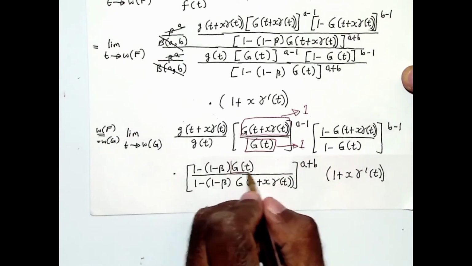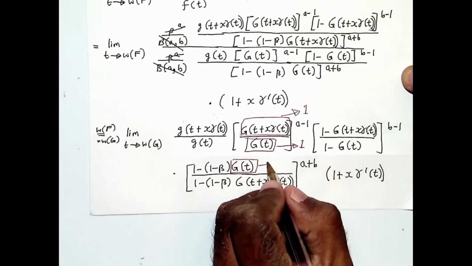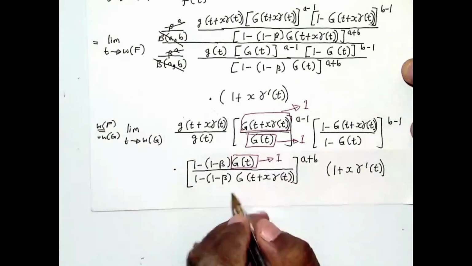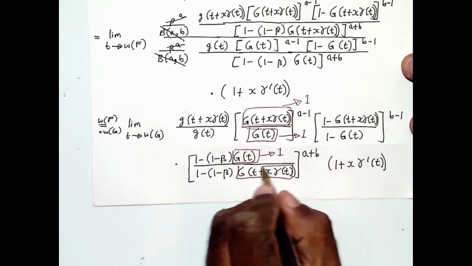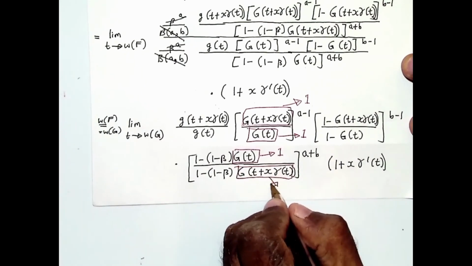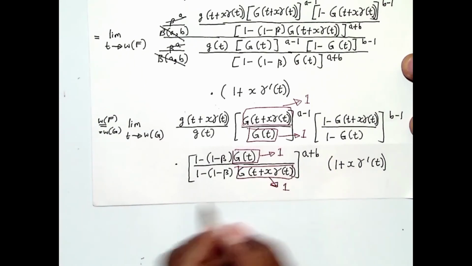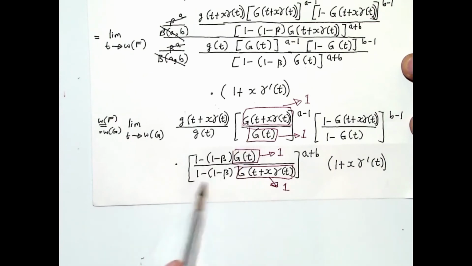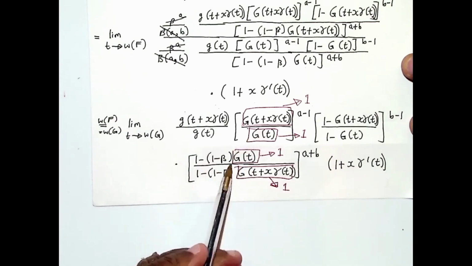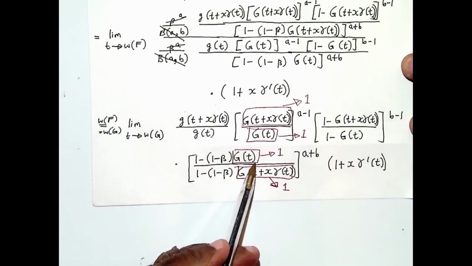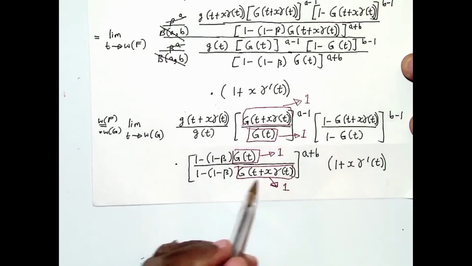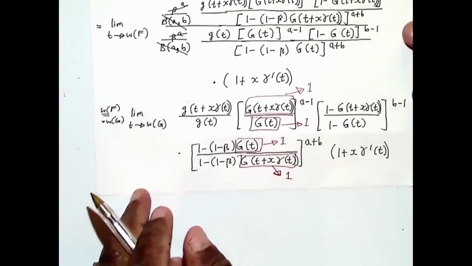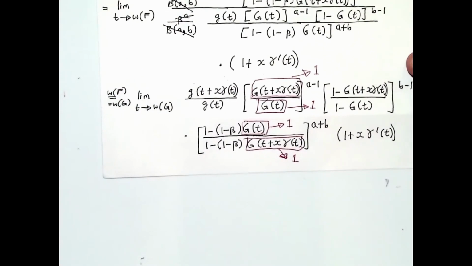And this goes to 1, and this also goes to 1. Okay, so 1 divided by 1 is 1. Here you have 1 minus beta, which is beta, and the same thing here, 1 minus beta is beta. Beta divided by beta is 1.